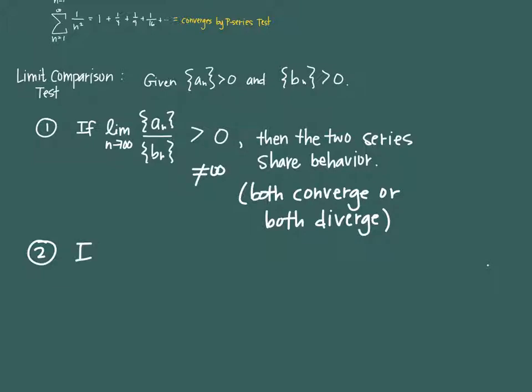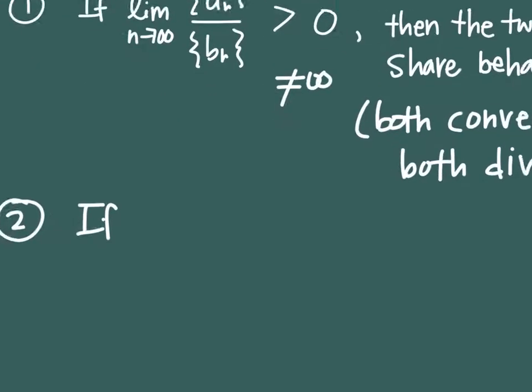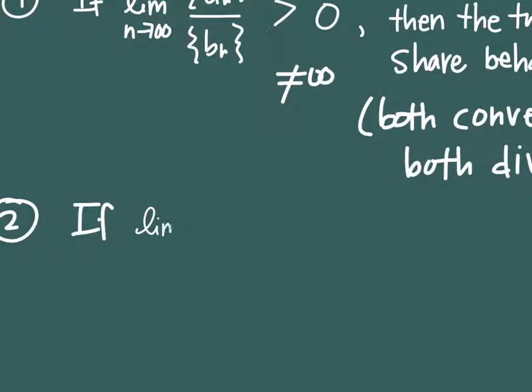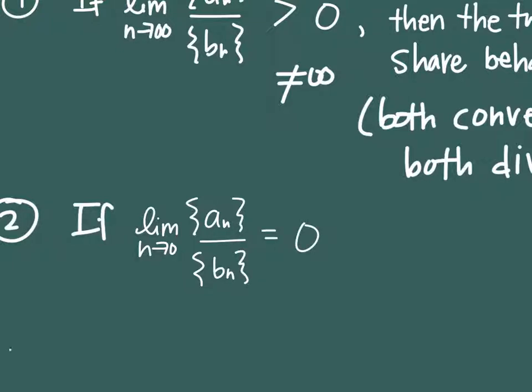Okay, zoom in on this a little bit more. The limit of these two, when you do their ratio, I hate to say ratio because it's not the same as the ratio test. If it comes out to be equal to 0, then you have one case, and the third one is the one you're talking about, Aubrey, if the limit is equal to infinity.